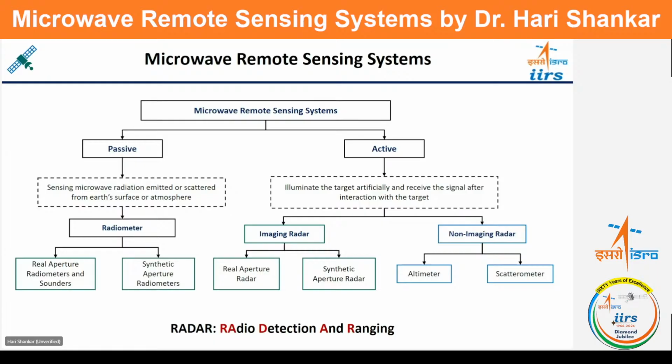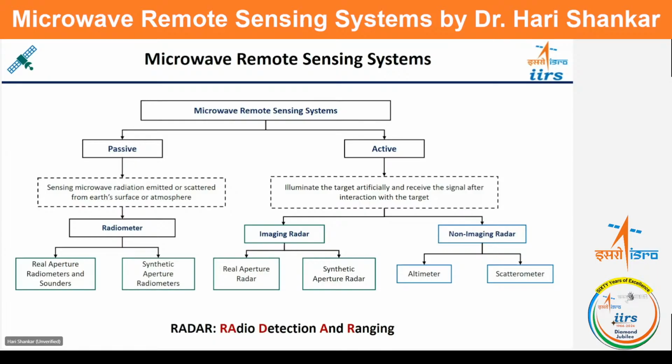They just give attribute information: the signal goes to a particular target, and whatever backscatter energy comes back is stored in files, or satellite data, but they are not forming images. In imaging radars, they scan the entire region and convert it into images. So based on this concept, they are classified as imaging radar and non-imaging radar.